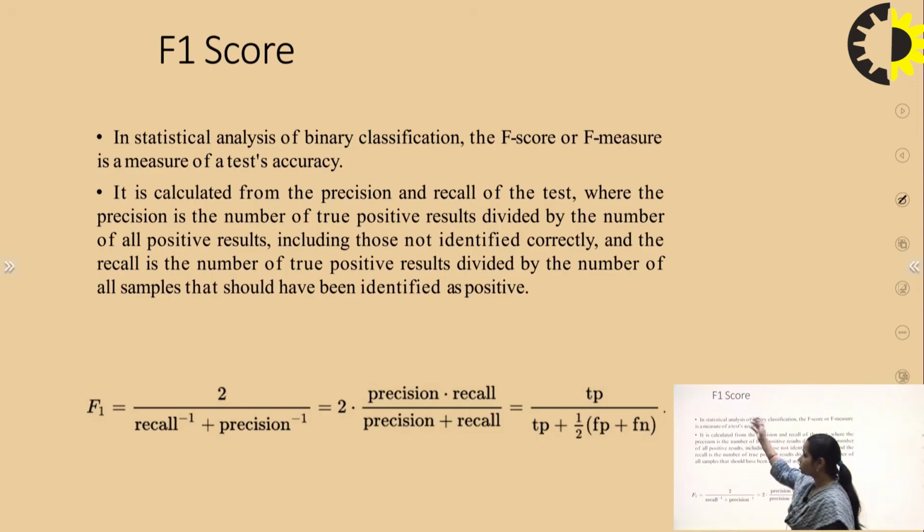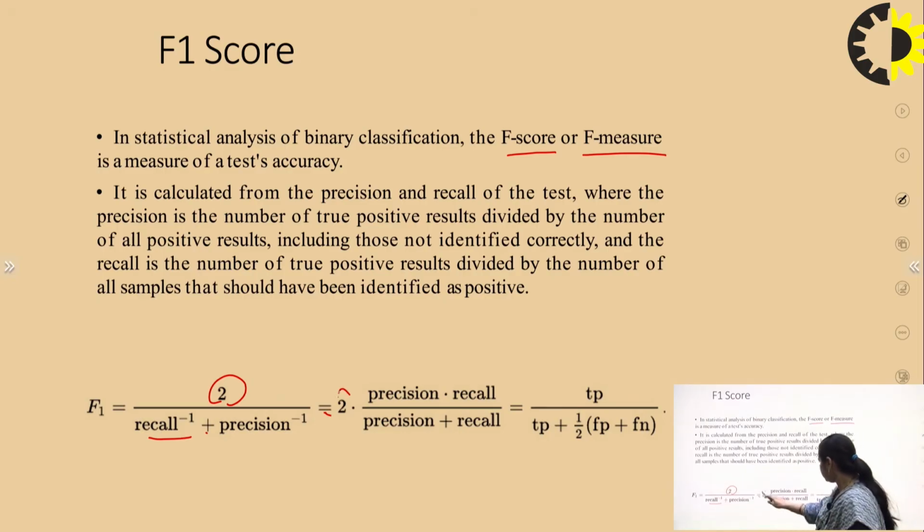The F1 score is also said to be the F measure, so don't get confused between these two terms. In statistical analysis of binary classification, the F score or F measure is the measure of the test's accuracy. We measure the accuracy of the test by calculating the F measure. You can see here 2 divided by recall to the power minus 1 plus precision to the power minus 1.